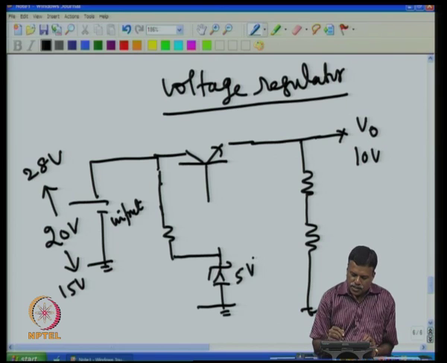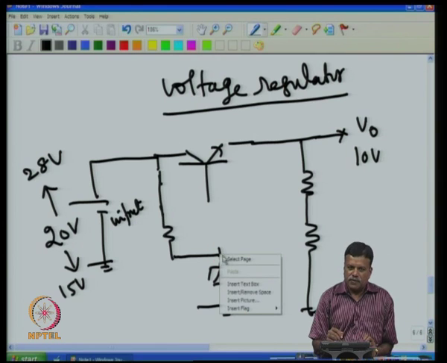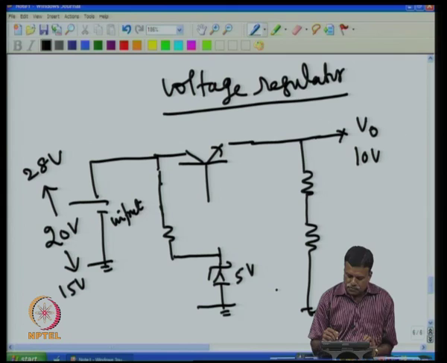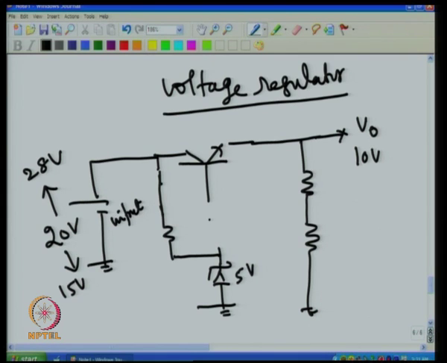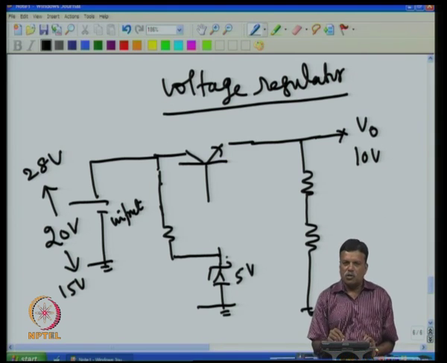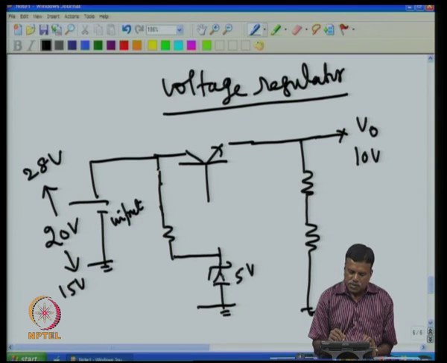That means, if sufficient current flows through the Zener, this will set at 5 volt. It will always be 5, it will not change. Now, how much current do I have to pass to keep this at 5? If current is low, it will go below 5, but it will not go more than 5. So, I find out from the data sheet of the Zener what is the needed current of the Zener to get 5 volt.